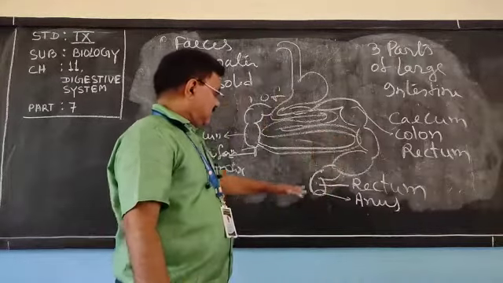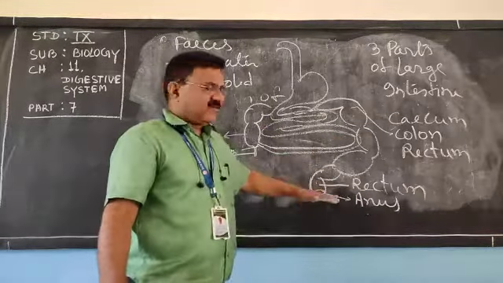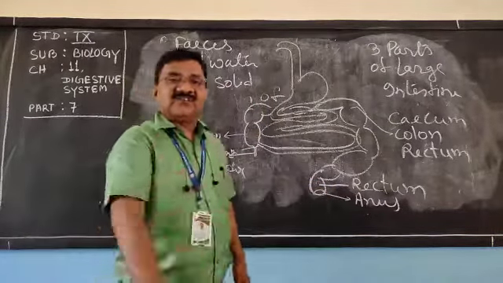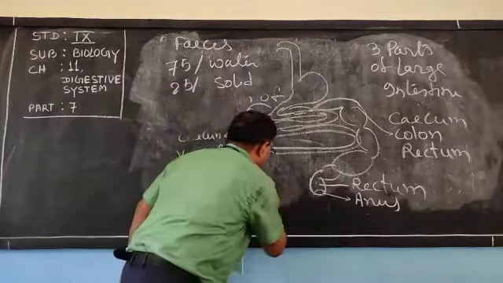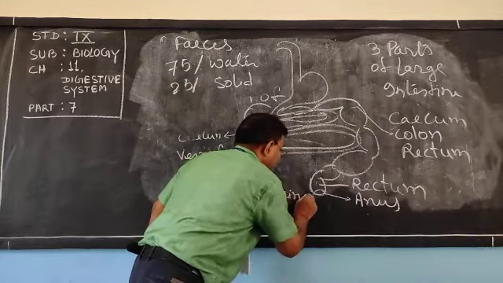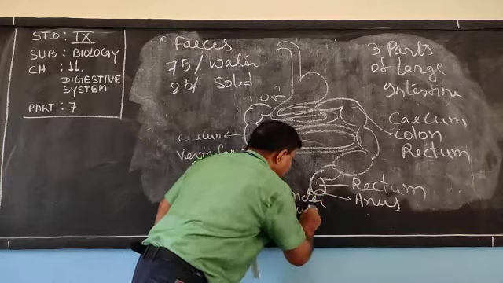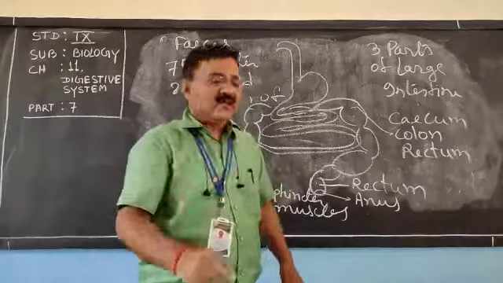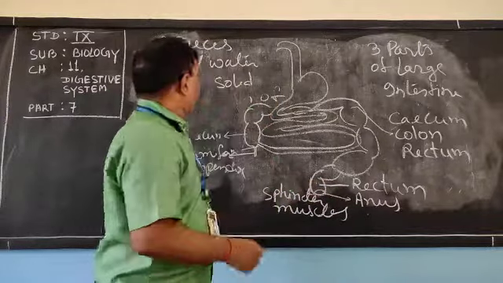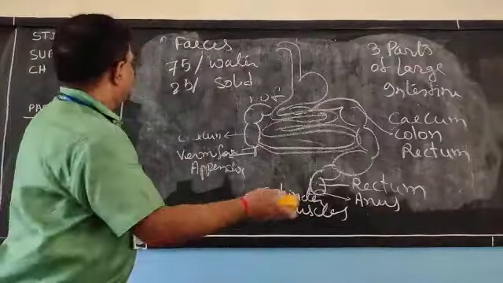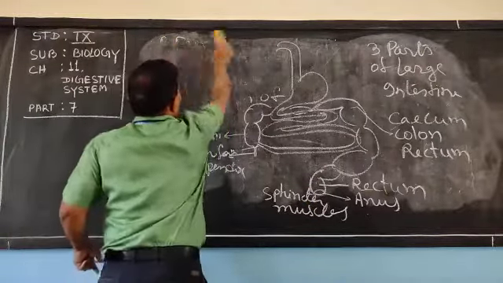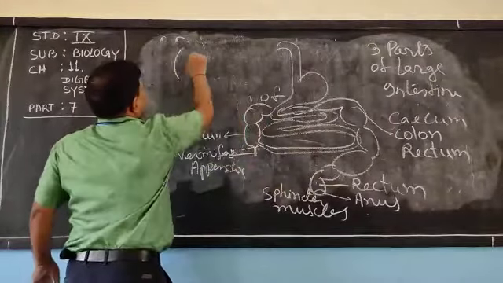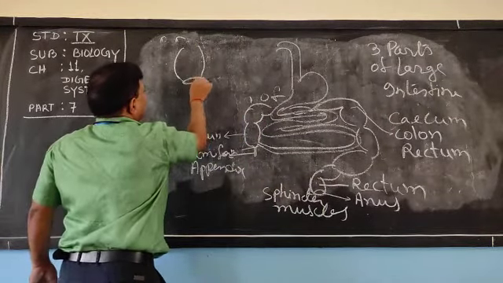Okay, and one more thing, as the process of defecation takes place, here in the anus one muscle is there, that is the sphincter muscle. Sphincter muscle means circular muscle, round muscle. This is the rectum, and this is the anus.